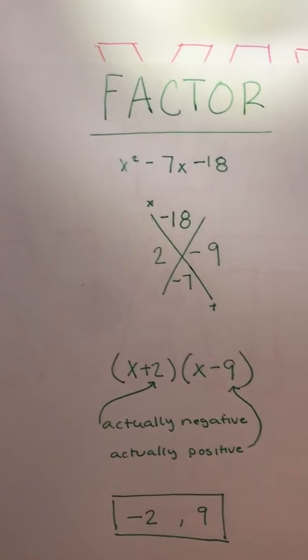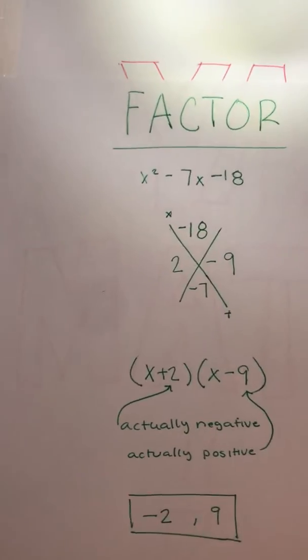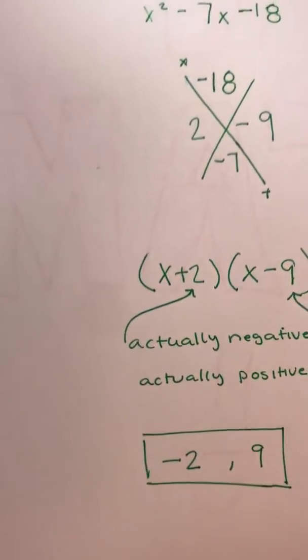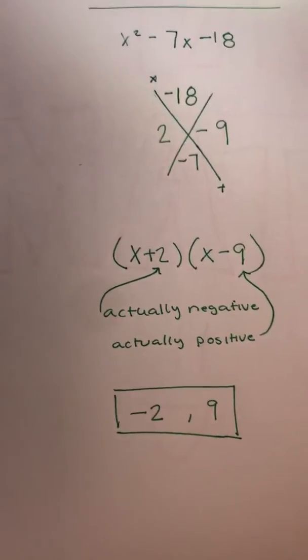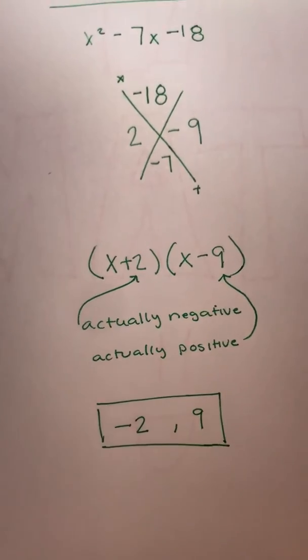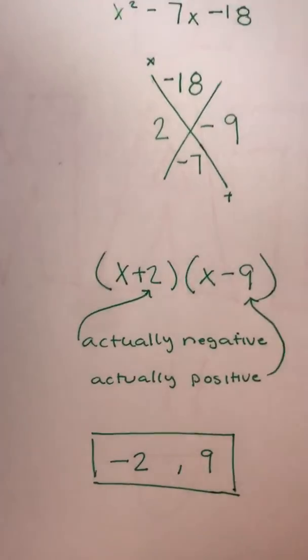So 2 times 9 is 18. But in order for it to equal -7, the 9 has to also be negative. So then, once that's FOILed and factored, we have (x plus 2) and (x minus 9). But we know in actuality that the 2 is actually a negative and the 9 is actually a positive.